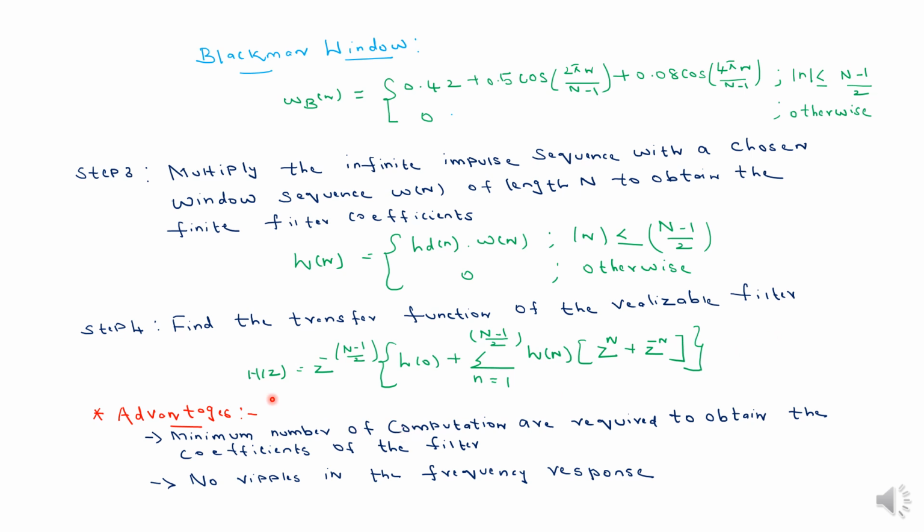The transfer function H(z) is represented mathematically as H(z) equal to z to the power minus (N−1)/2 into [h(0) plus summation n from 1 to (N−1)/2 of h(n) into (z^n plus z^−n)]. Here h(0) is the finite impulse response at n equal to 0. These are the filter coefficients.